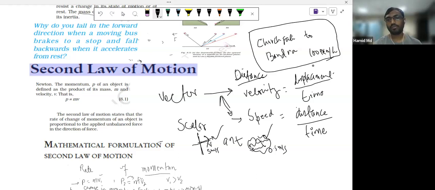So this is velocity or speed? Speed. Okay, if you are going from Dogri to Bandra with 110 kilometer per hour, is this speed or velocity?